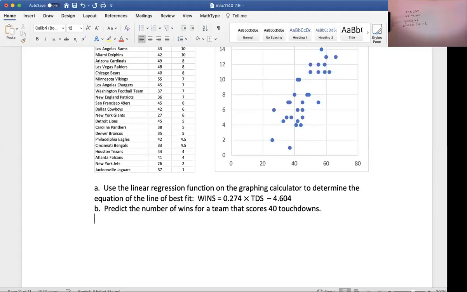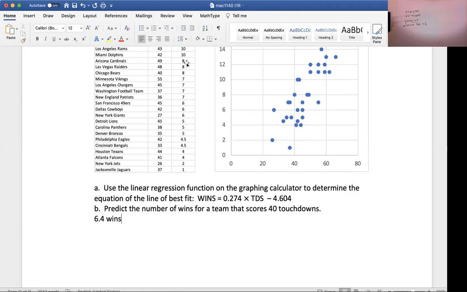So the predicted number of wins, about 6.4. You can't have 0.4 wins. So 6.5 wins, 6 wins plus a tie. So you can see somewhere between the 4.5 the Philadelphia Eagles had and the 8 wins the Chicago Bears had. Philadelphia Eagles had 42 touchdowns with only 4.5 wins. Chicago Bears had 8 wins with only 40 touchdowns.